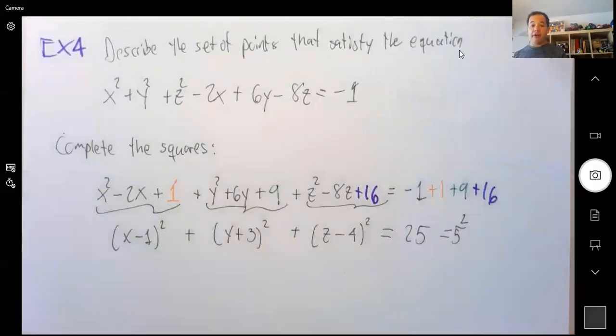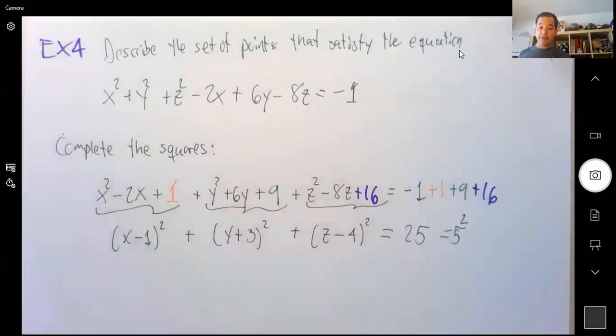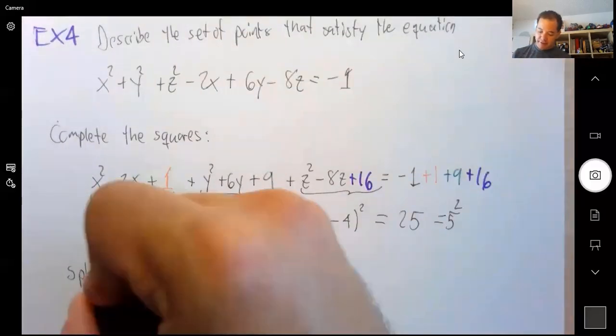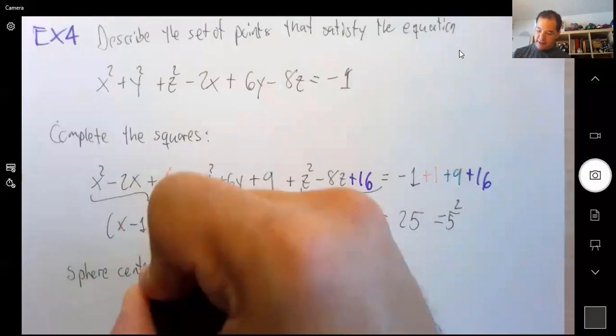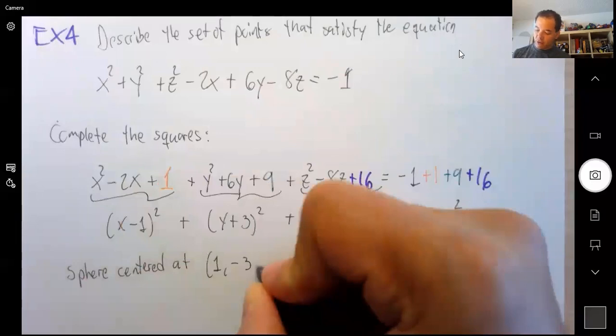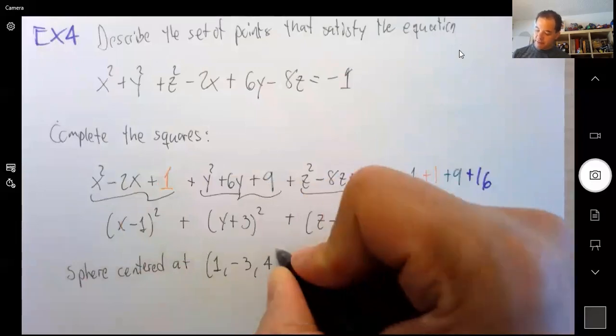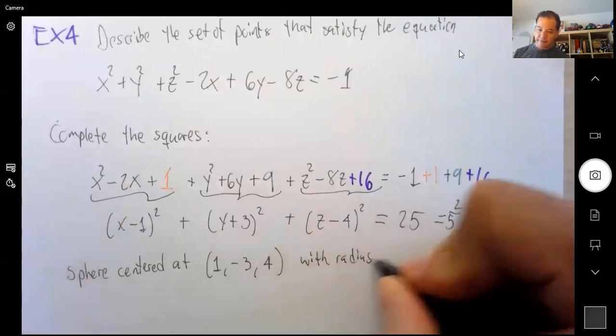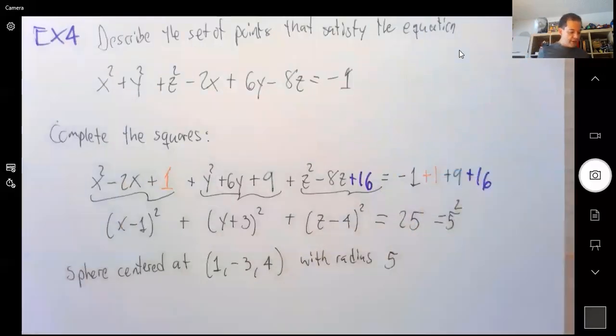All right, and now we recognize it, right? Now what is this? This is a sphere centered at (1, -3, 4), with radius 5. Okay, is that clear? How it works?